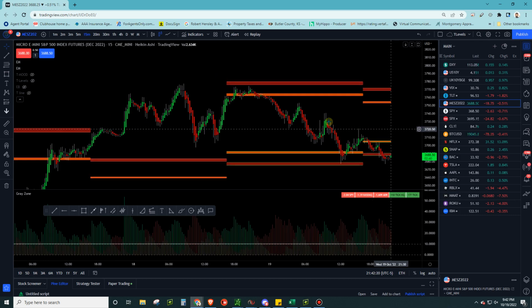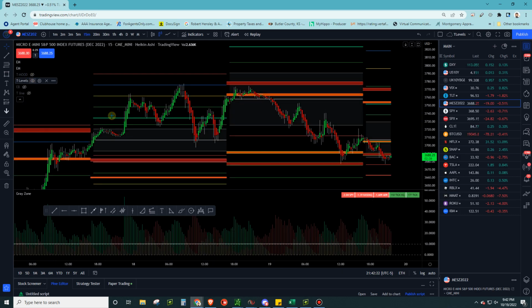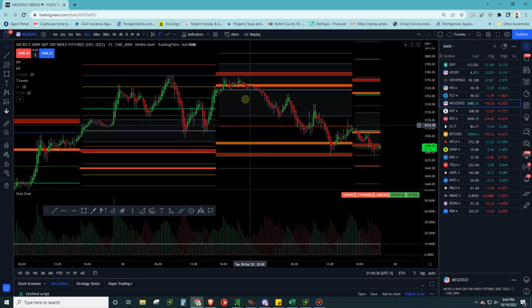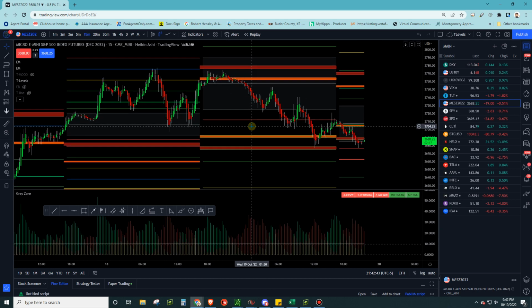And so if you have this on, the T levels and a couple of resistances here on a higher time frame, this makes this sell a lot easier to manage, because if we open up right into expected range highs, at least of the 1 hour and 2 hour, which are already pretty good higher time frames to trade off of, and you're already expecting a sell, well, this is an easy trade.